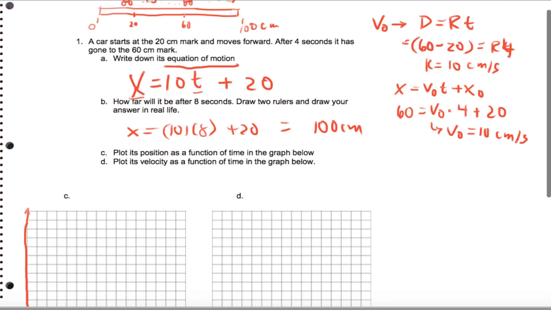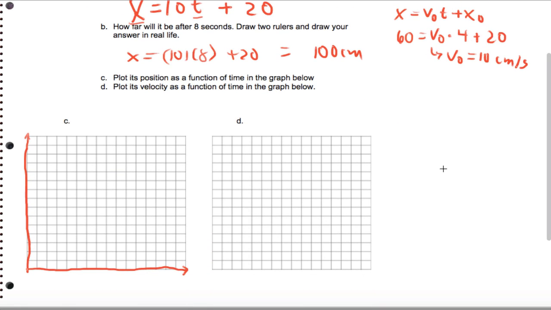Okay, so let's just do this. So we'll say 2, 4, 6, 8, 10, 12, 14. All right, cool. So 2 seconds. Say 2, 4, 6, 8, 10, 12, 14, and this is the time, and it's in seconds.